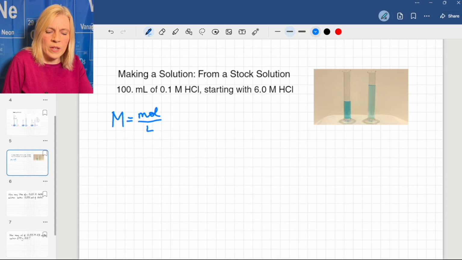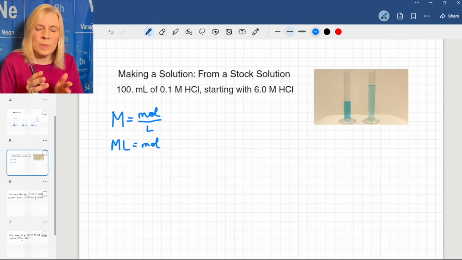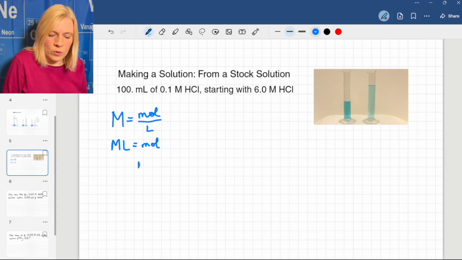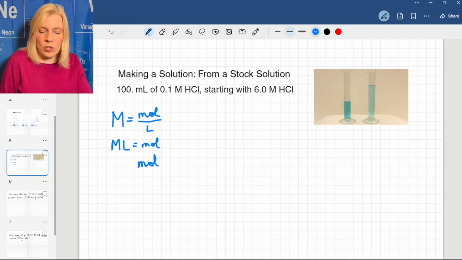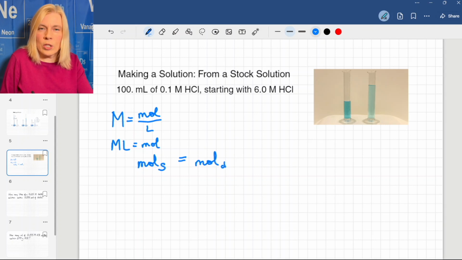Liter is my volume. So if I multiply molarity times liter, that equals moles, yes? Wait a minute. Moles is the amount in my pipette. That's the amount. Moles is an amount. So I need to say moles of my solute in the pipette. So my moles of my stock solution has to equal moles of my diluted solution. Yes? So if moles equals moles, hold on.